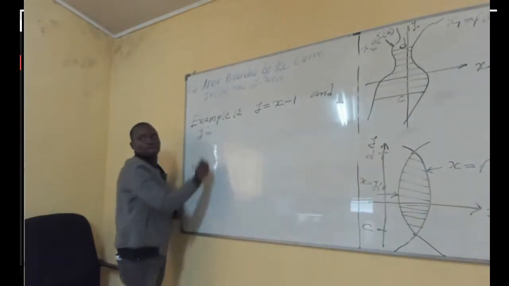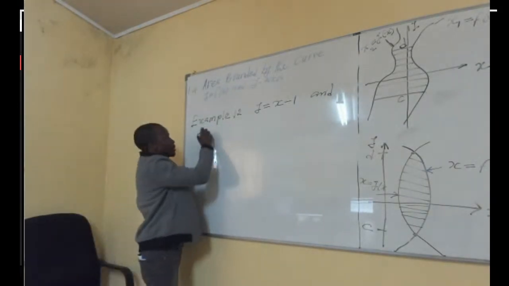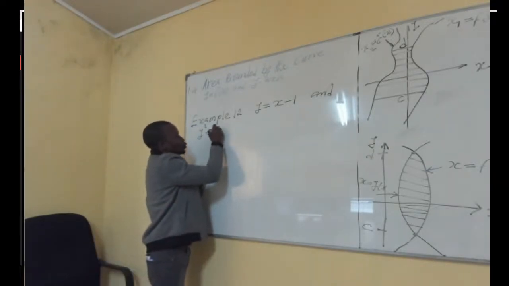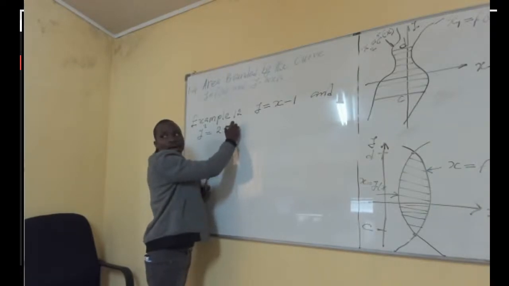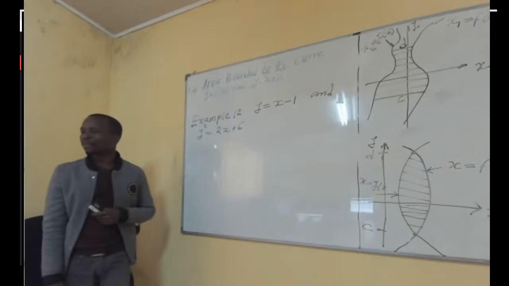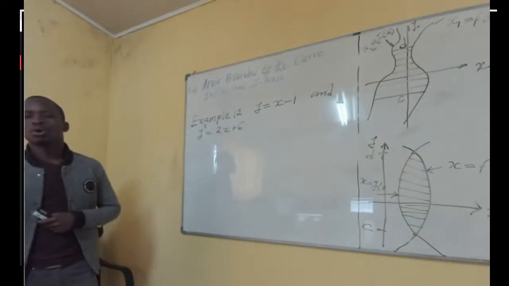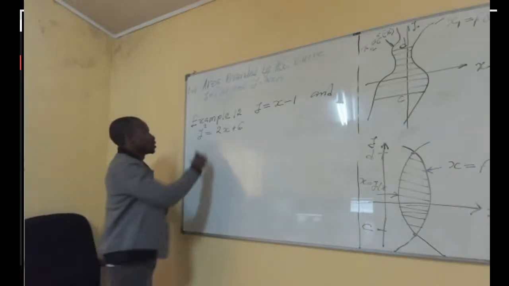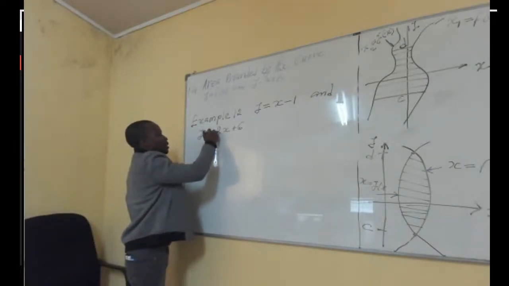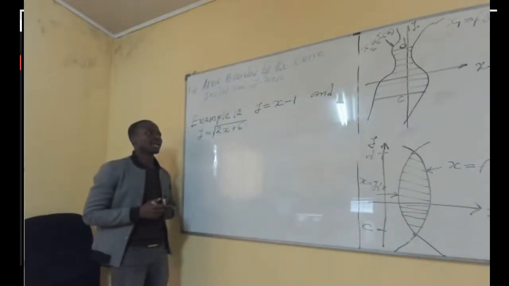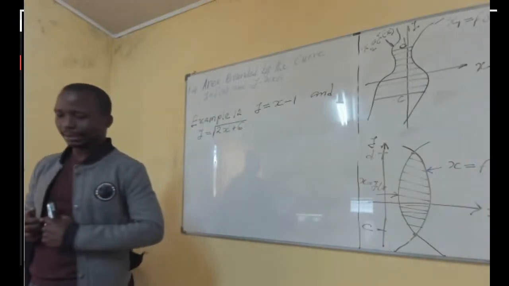y squared is equal to 2x plus 6. Or rather, I would wish to say y equal to the square root of 2x plus 6.